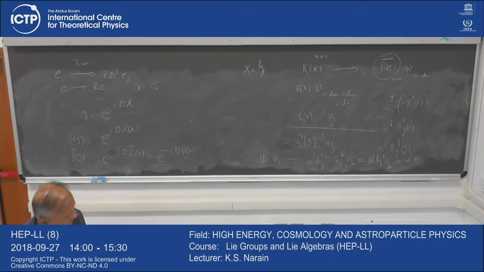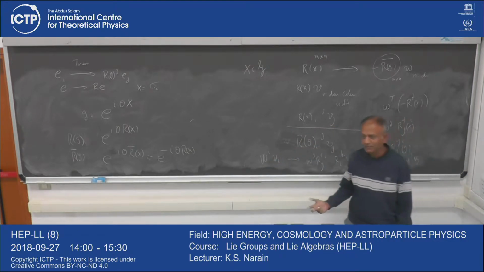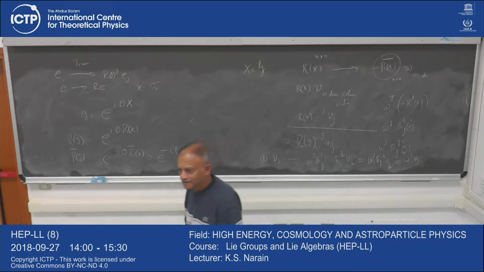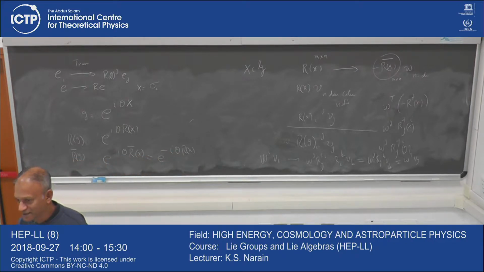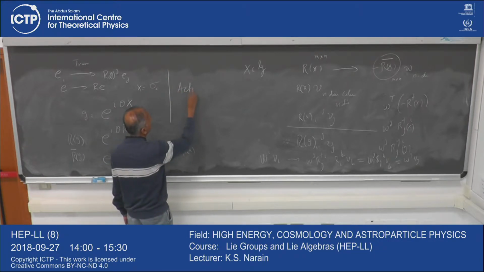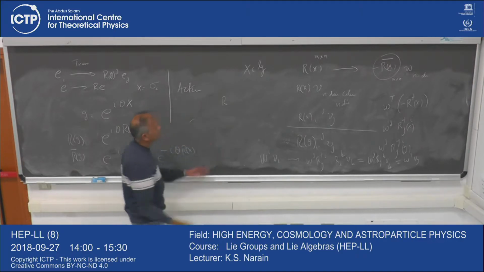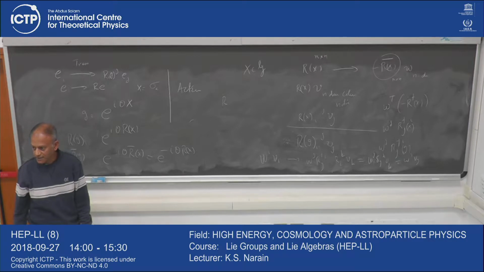This is useful for physics because you want to write an action which is invariant under the symmetry. That's the whole point. Otherwise, you don't even call it a symmetry if it's not a symmetry of the action. Now suppose you have some object transforming in some representation of the group. Suppose I start with some representation R, some field which transforms in this representation.